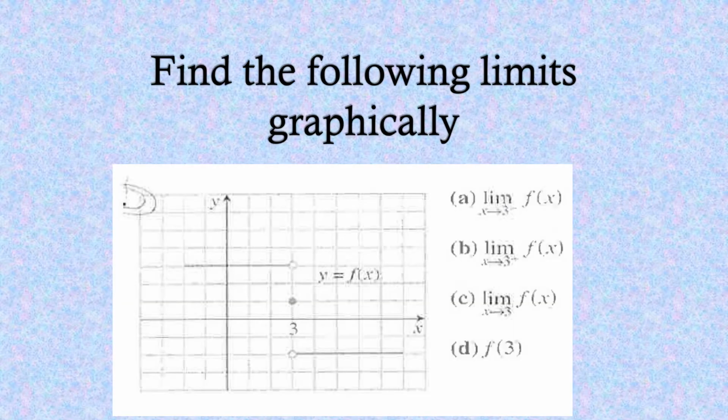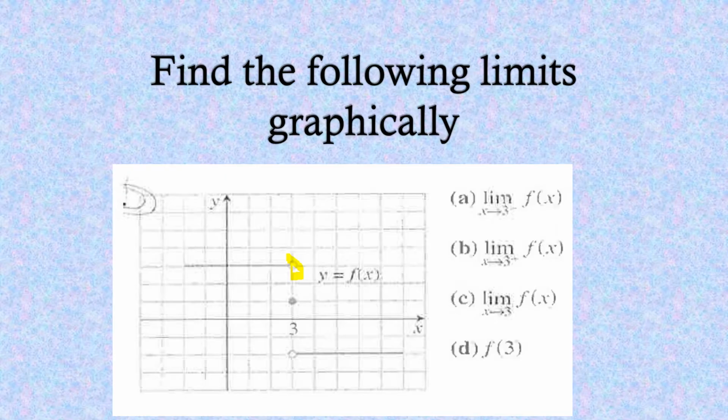Okay, boys and girls, now we want to look at finding limits graphically. There's a couple of things I need to remind you of before we go there, just to make sure we're on the same page. When we see an open circle like we see here, that means the function does not exist at that point.